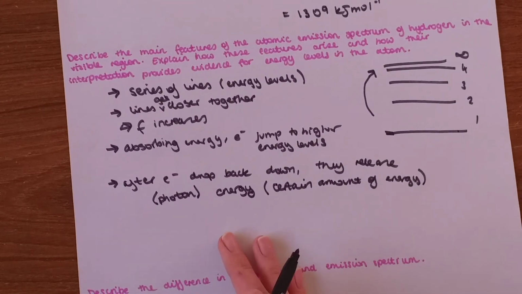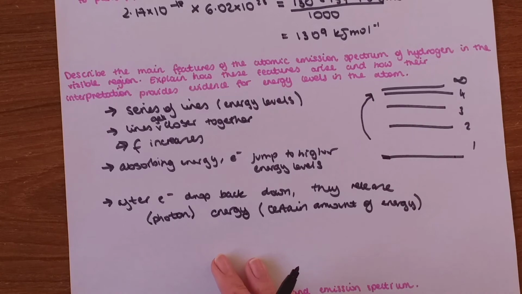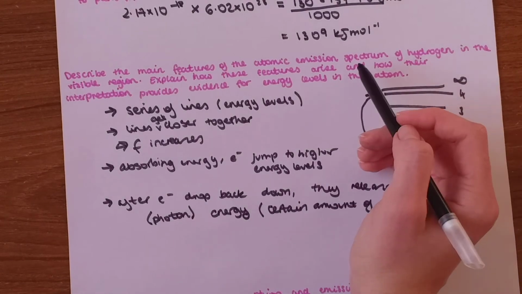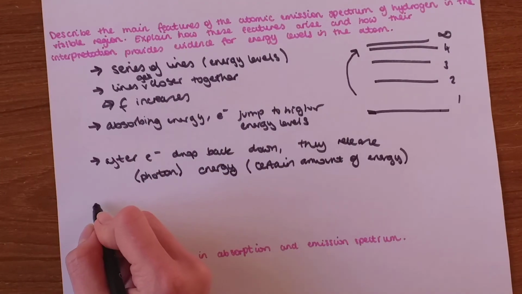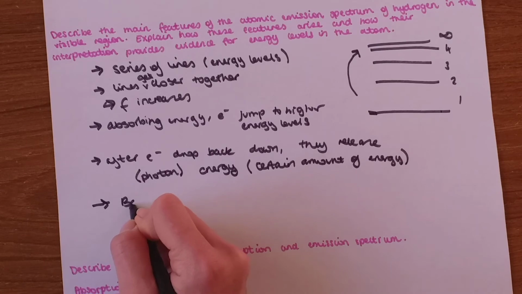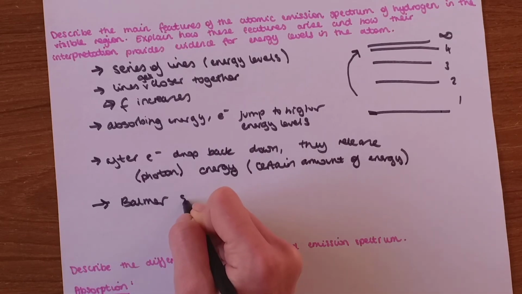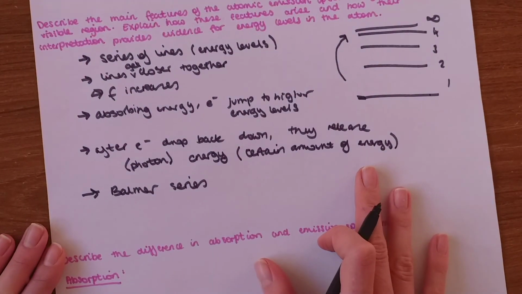We also can say that it's a Balmer series because the question says the emission spectrum in the visible region. So we can show that we know it's a Balmer series, because Balmer series is in the visible region.